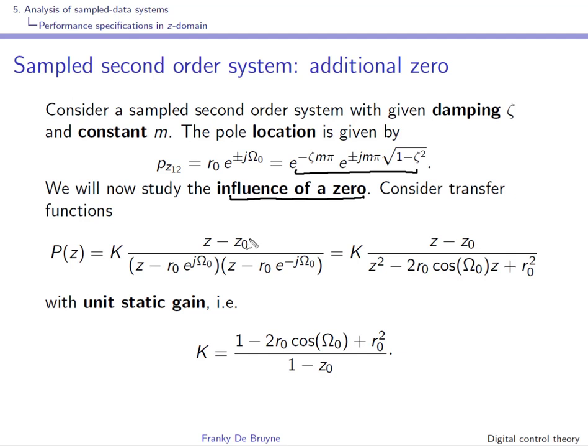So what we'll do is add a zero in the transfer function and we'll adapt the gain so that we keep a unit static gain, and the static gain in the Z domain is obtained by replacing Z by 1. You can see here that if you take K to be this quantity over here, this transfer function has a unit static gain whatever the value of z0 over here.